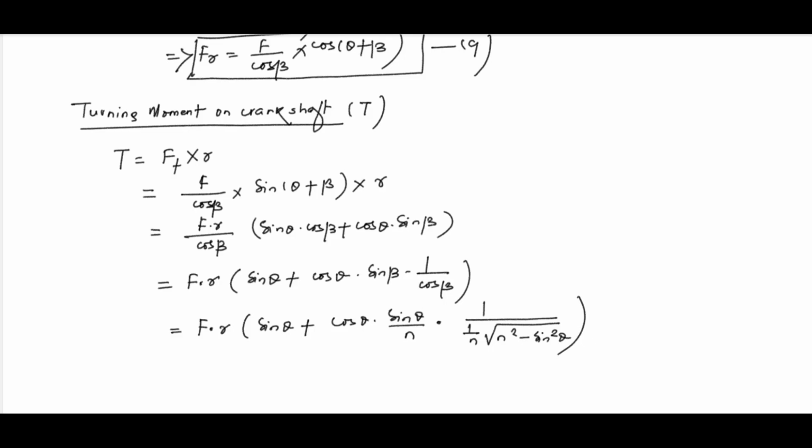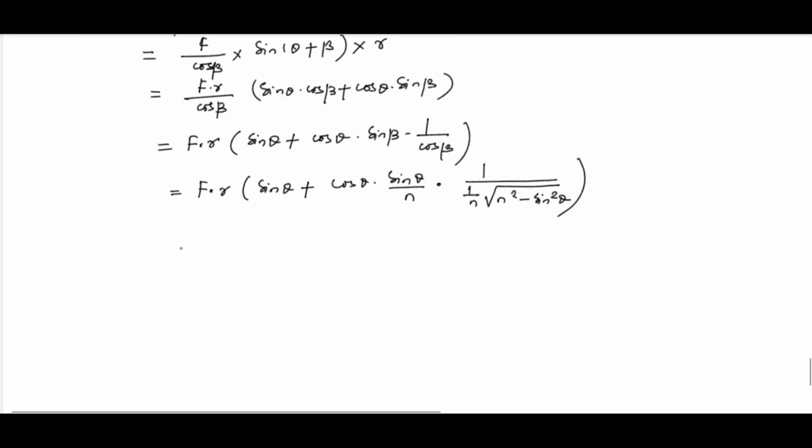So it will be equal to F dot R into sin theta plus 2 sin theta cos theta divided by 2 into root over n square minus sin square theta.